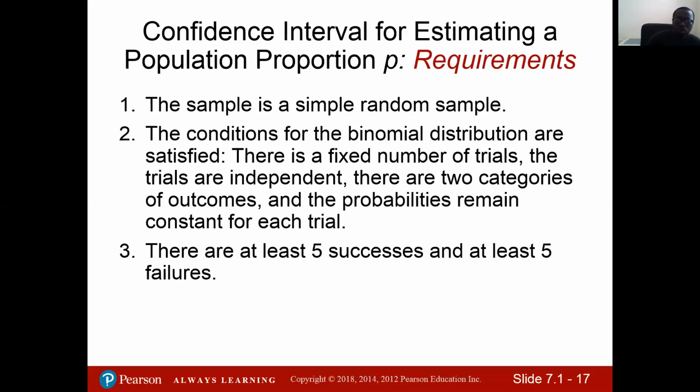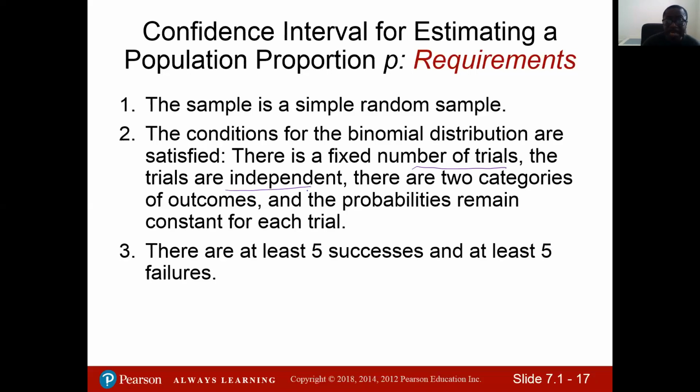And then we also talked about the binomial distribution in chapter 5. These are the properties of a binomial distribution. It has a fixed number of trials, and 2 possible outcomes, success and failure, and each trial has a probability which is constant throughout. The trials are also independent.